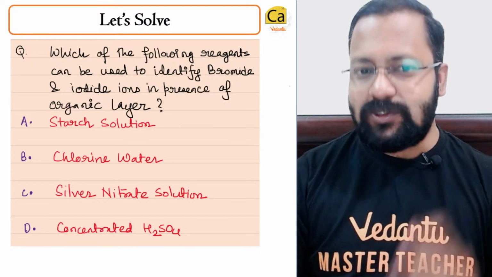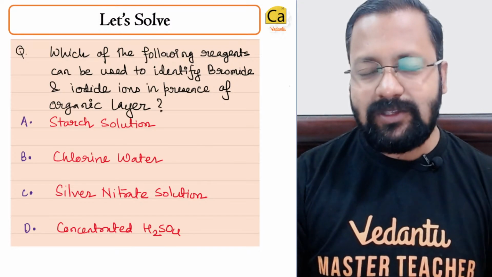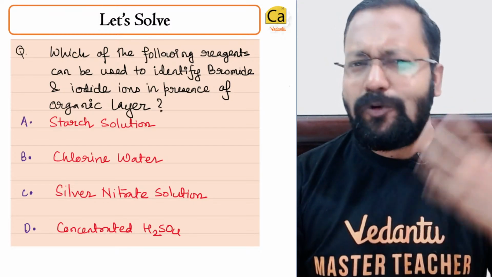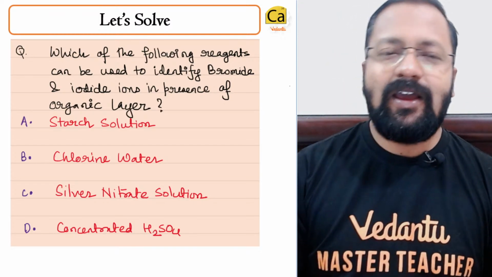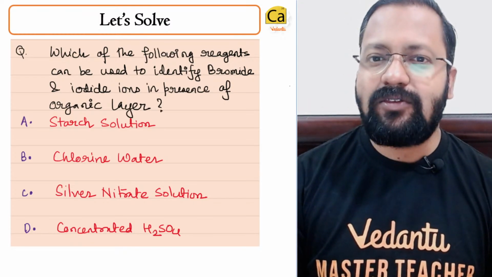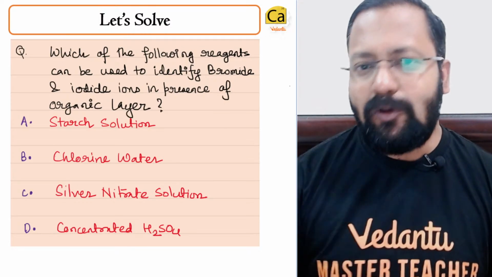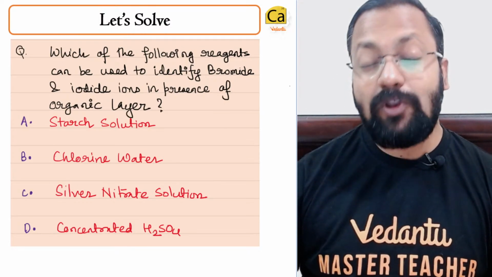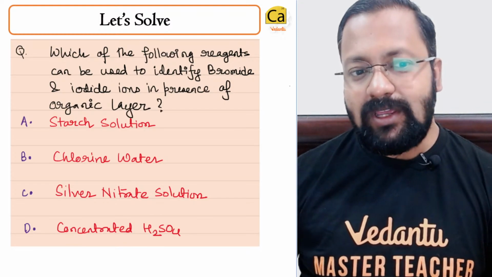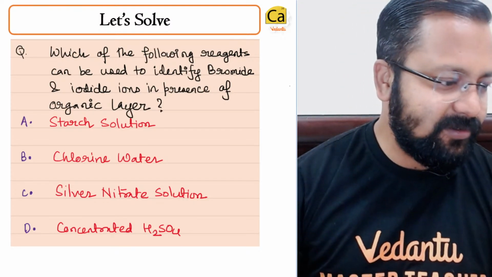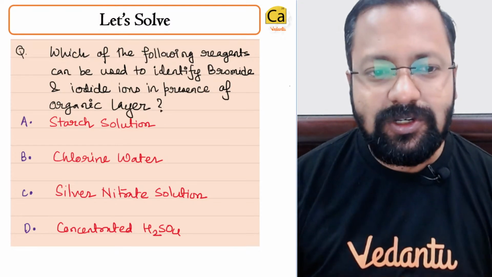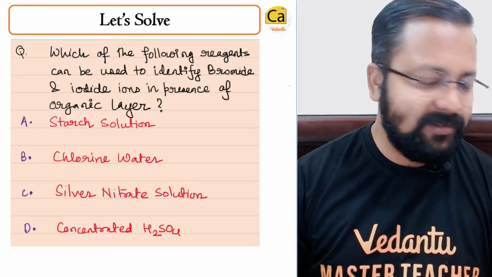Suppose there is a bromide sample or a chloride sample, a bromide sample or an iodide sample. How do we make a detection using an organic layer?